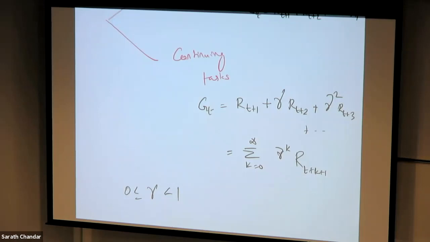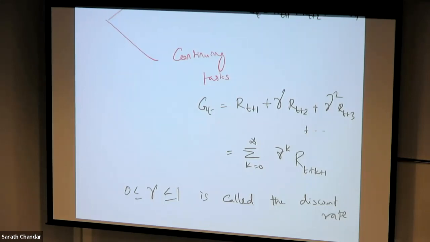Oh, I think there's a mistake in the notes. It should not be less than or equal to, it's less than 1. It's called the discount rate. Okay, it's not a mistake. Well, you can have gamma equal to 1, but then it becomes the undiscounted setting. So if gamma is less than 1, we discussed what it means, right?